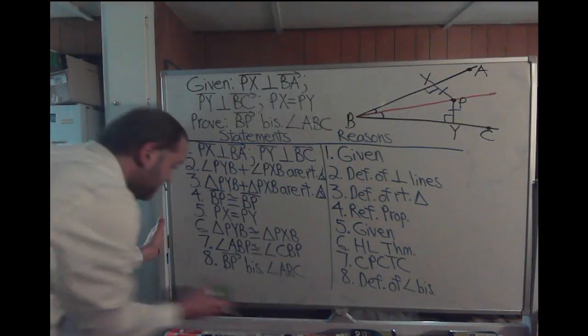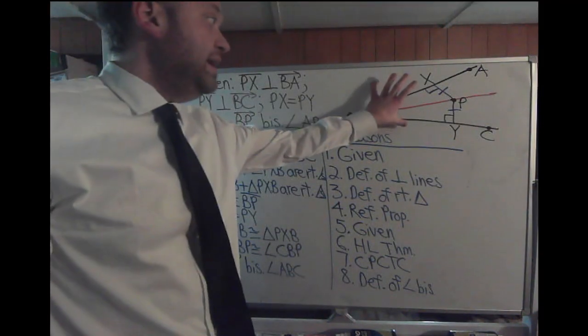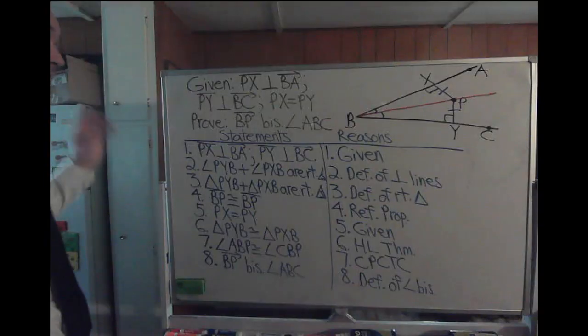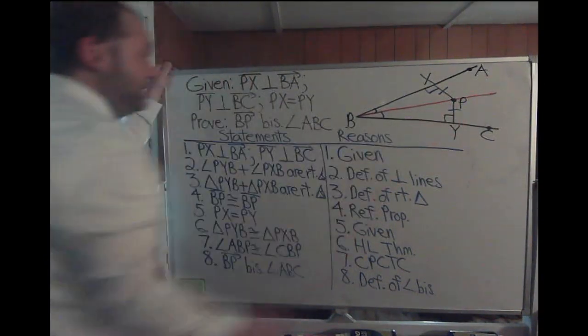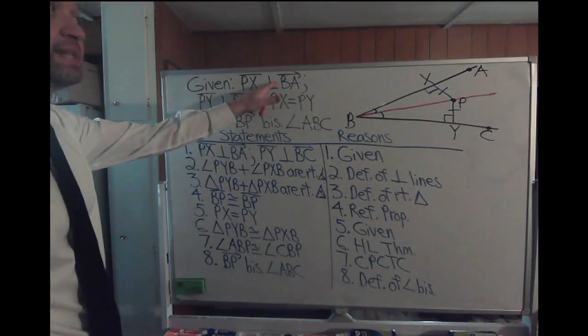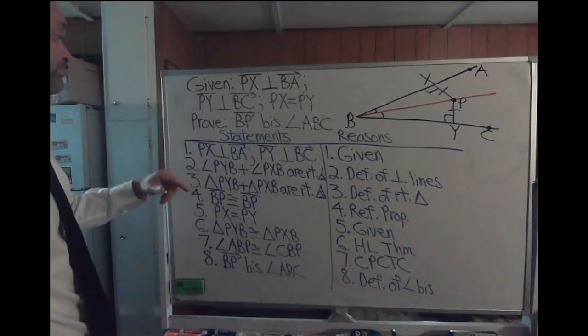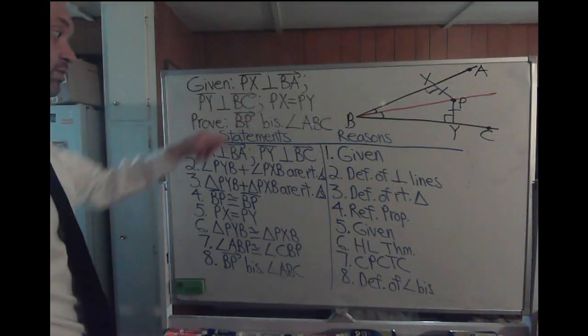Alright, so let's go through this proof again here. We have here again an angle ABC, and it's cut by ray BP. We're given that segment PX is perpendicular to ray BA. We're even given that segment PY is perpendicular to ray BC.